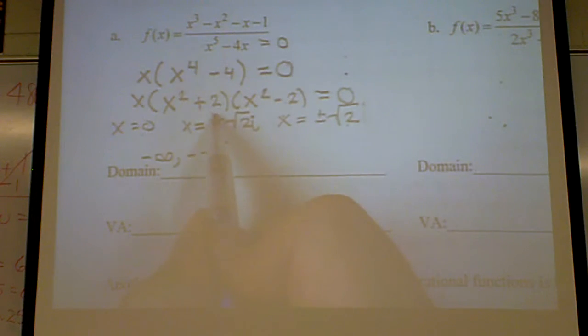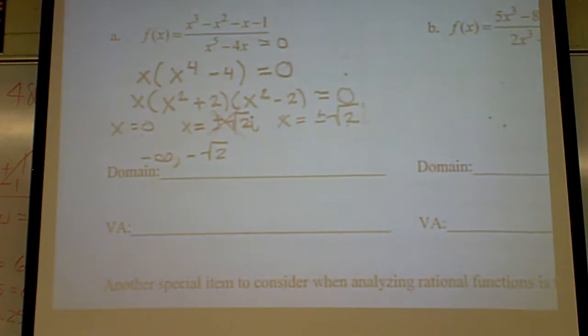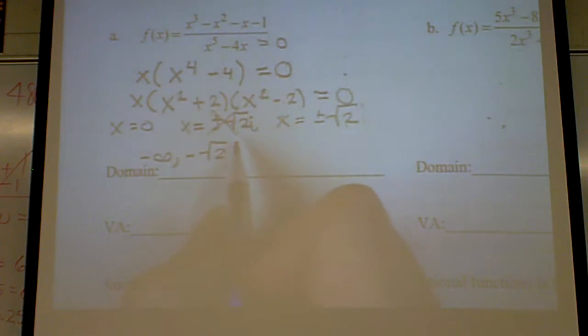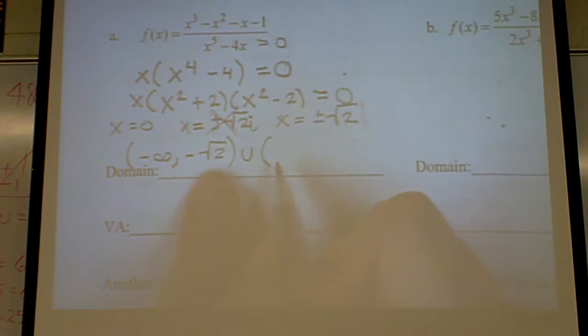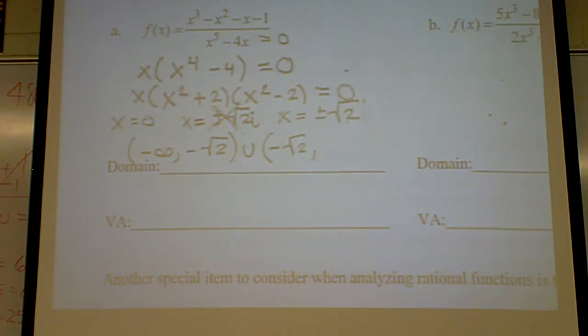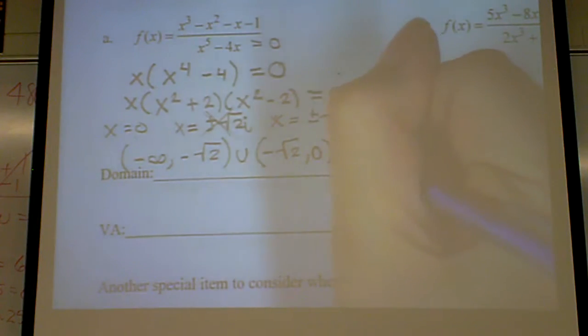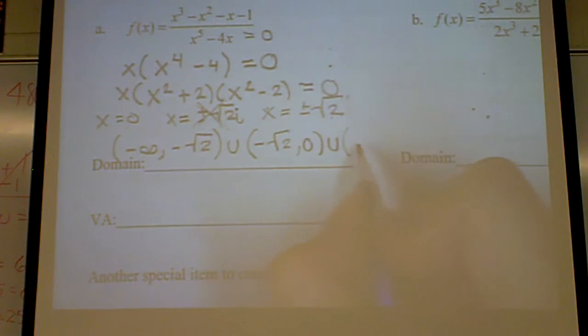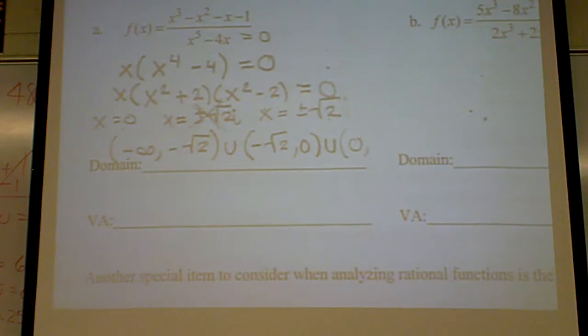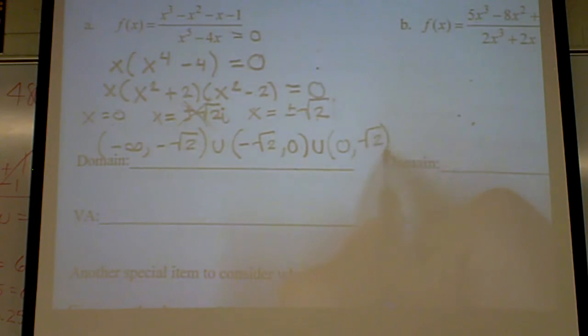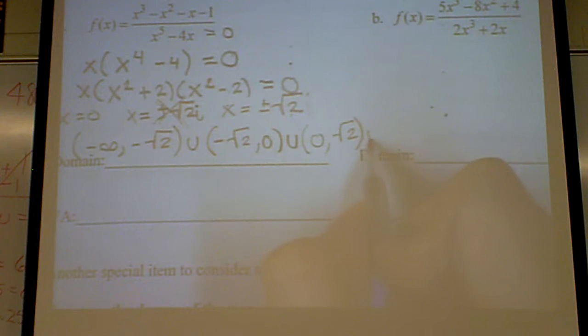So we don't pay attention to the irrational numbers. Close this, do union, because we don't include it. Negative square root of 2 to, what's my next number? 0. Union 0 to square root of 2, and I need one more. Square root of 2 to infinity.